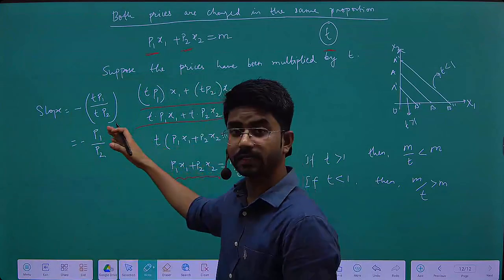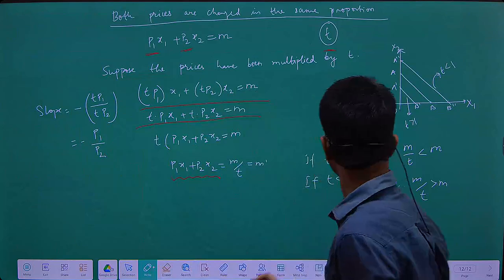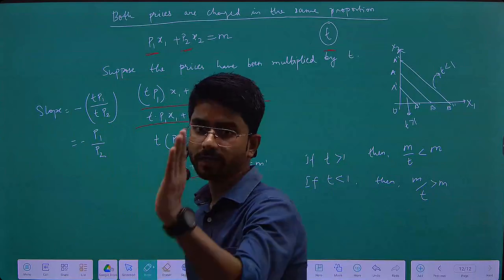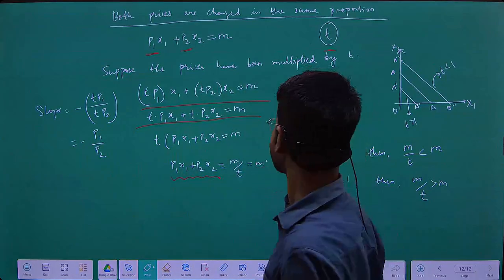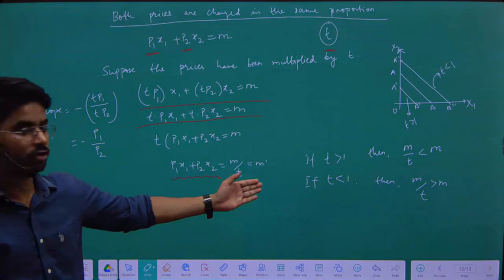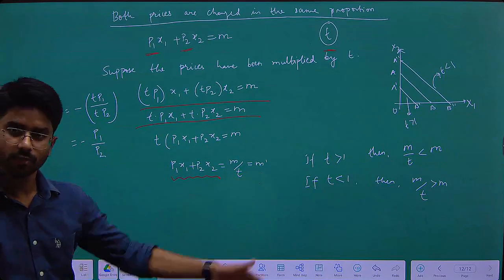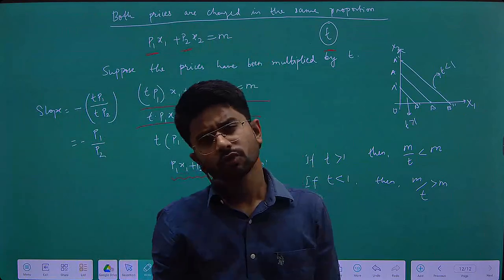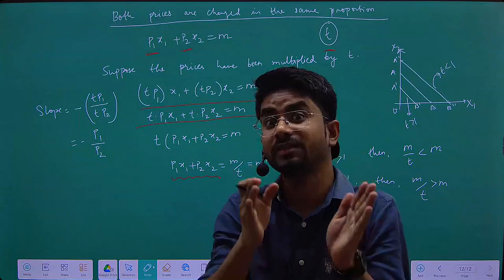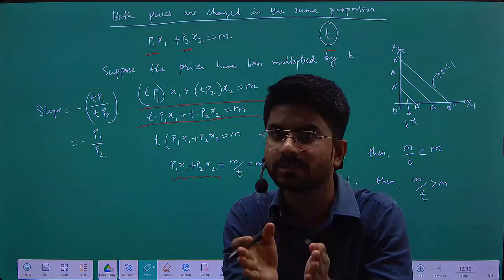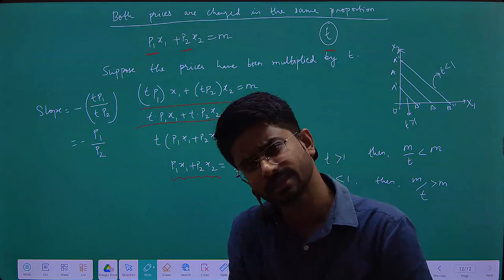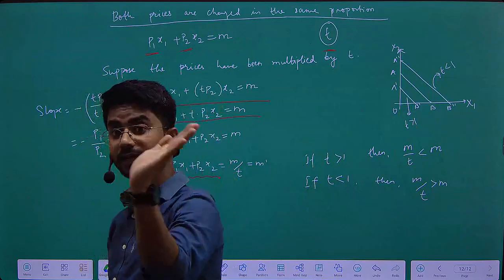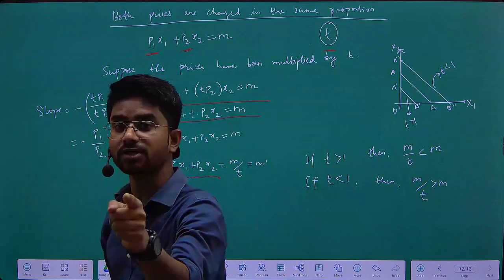मतलब आपका बजट लाइन का स्लोप सेम रह गया, तो आपका जो शिफ्ट होगा वो तो पैरेलल ही होगा ना, तो आपका स्लोप सेम रहेगा, सिर्फ चेंज क्या होगा? इंटरसेप्ट. इंटरसेप्ट क्यों चेंज होगा? क्योंकि ये हमने देख लिया, और जब भी मनी इनकम चेंज होता है तो आपका इंटरसेप्ट ही चेंज होता है, ये तो हमने पहले डिस्कस कर ही लिया है. तो आपको अगर दिया होगा प्राइस सेम प्रोपोर्शन में चेंज होंगे, तो आपका प्राइस रेशियो चेंज नहीं हो रहा है. इसका मतलब है स्लोप ऑफ द बजट लाइन इज नॉट चेंज्ड, then only there would be change in the budget line, shifting either outward or shifting inward, and that too parallelly.